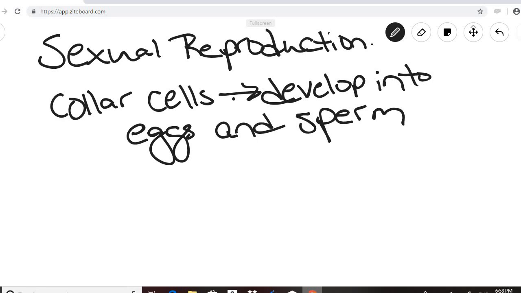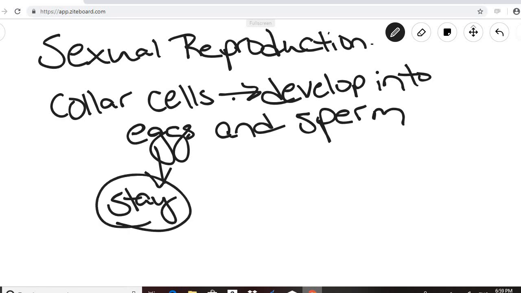The eggs stay with the sponge. The sperm get released into the water and will swim to another sponge and fertilize the eggs there. So the collar cells within a sponge will make both eggs and sperm. The eggs stay there, and then the sperm will leave and go to another sponge and fertilize the eggs in another sponge.